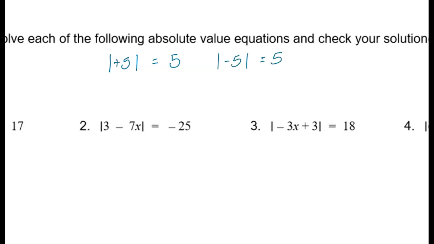So the insides of our absolute value, even though they're different, end up equaling the same thing, the same 5. So when we're solving absolute value, we need to account for both the positive inside and the negative inside. Meaning we're actually having to solve two equations for each equation.